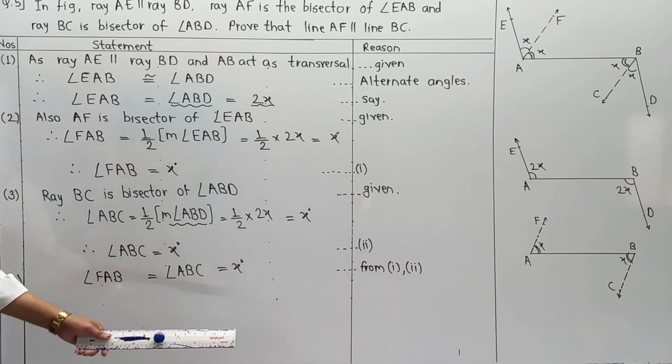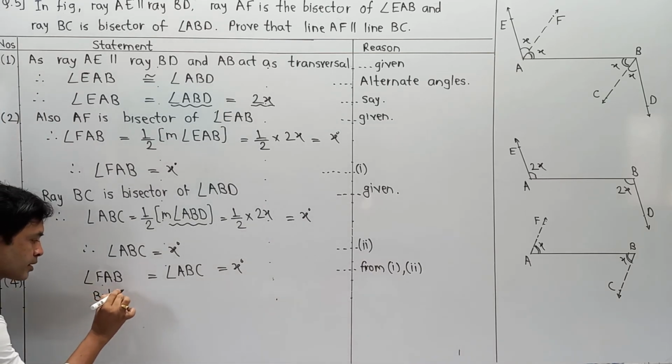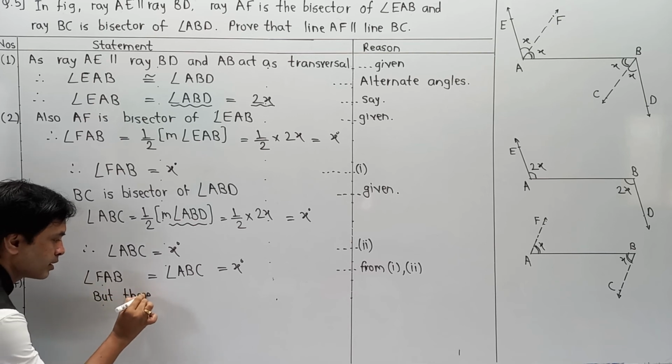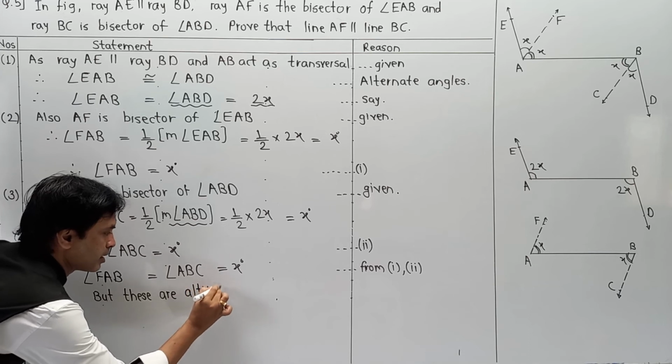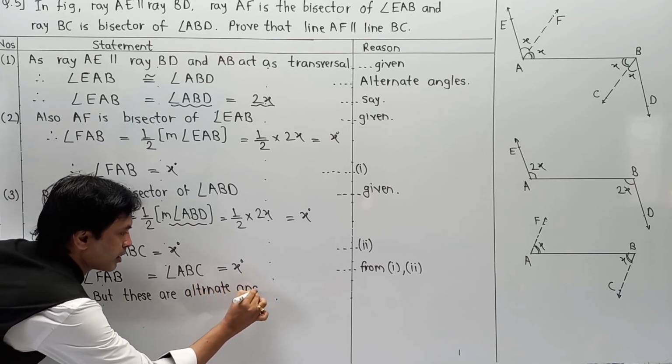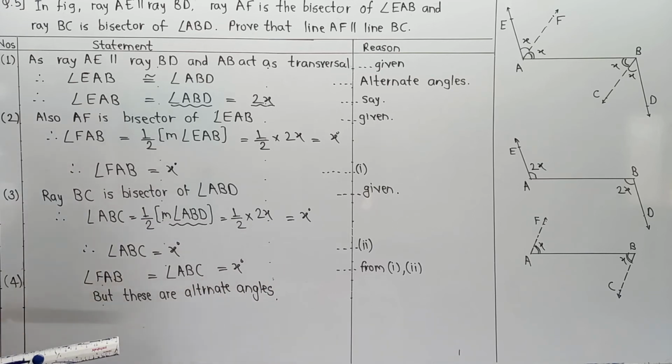But these are alternate angles. Now, when alternate angles are congruent, then the lines are parallel.